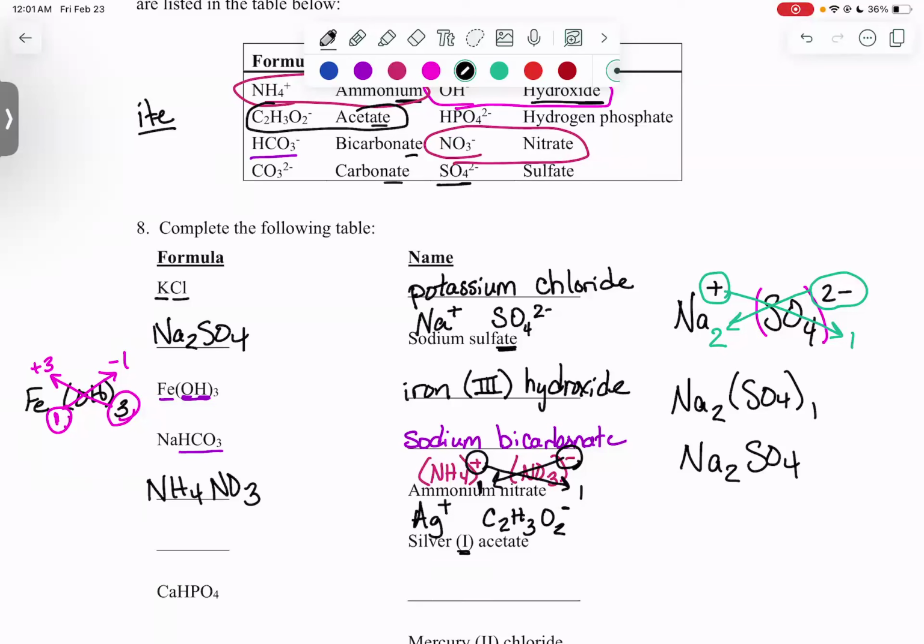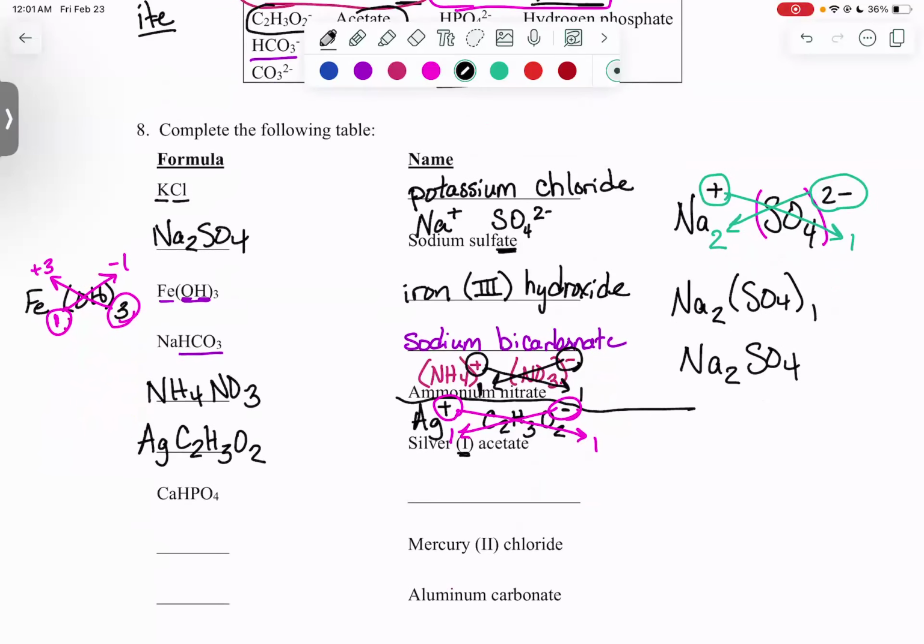Okay, so now I'm going to do that reverse crossover. I'm going to take the charge on here and put it outside my polyatomic, and the charge on here, put that here. Well, it's just 1s. So all I have to do is write Ag, a 1 you don't write, C2H3O2, and that's it.